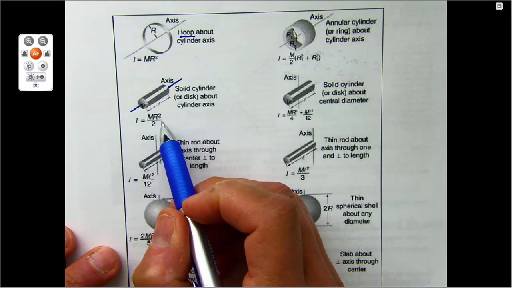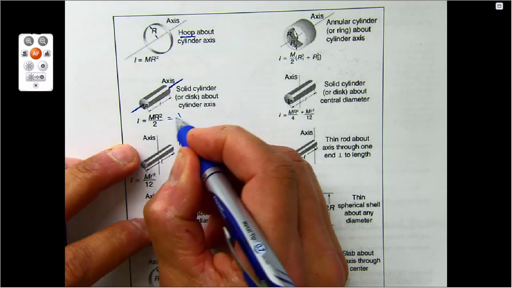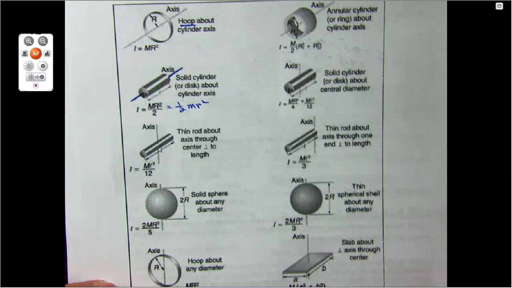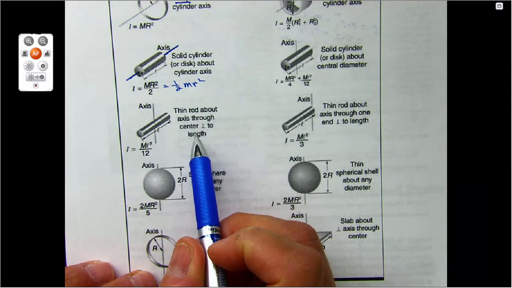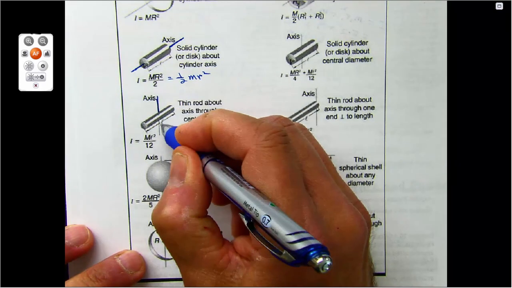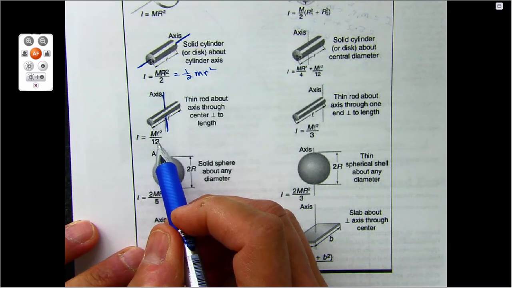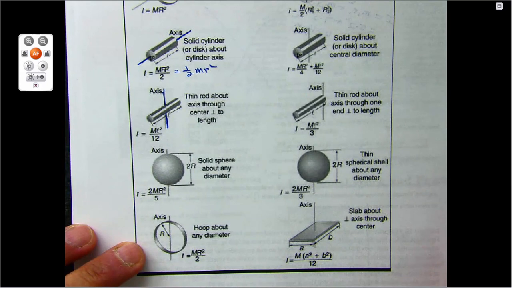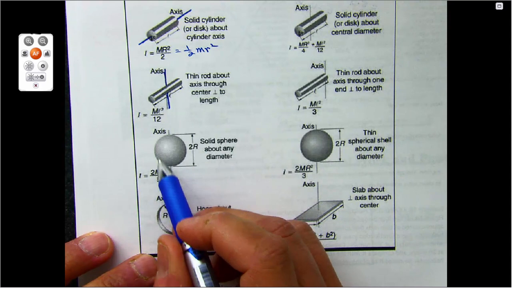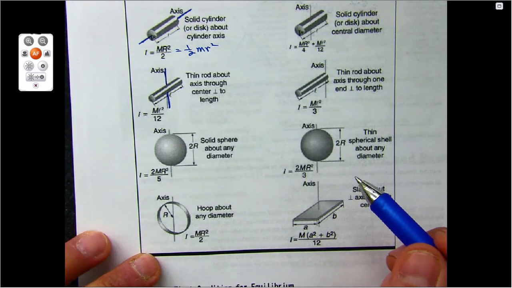This is 1/2 mr squared. That would be the same as 1/2 mr squared. All right, you'll probably see it this way. Thin rod about the axis through the center, ml squared over 12. They have a solid sphere about the diameter. So this is not spinning on a central axis.